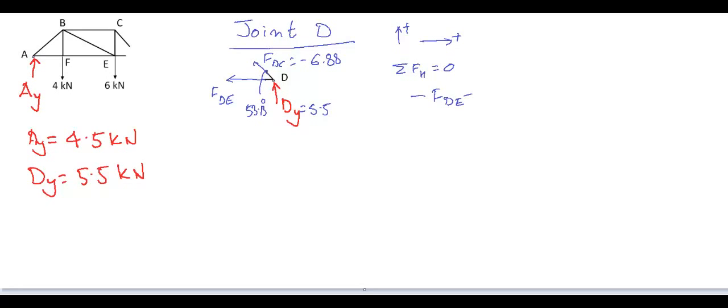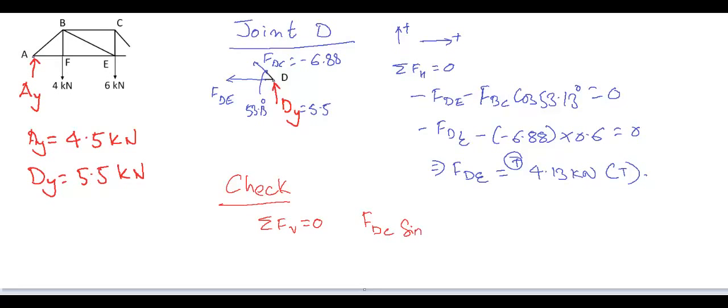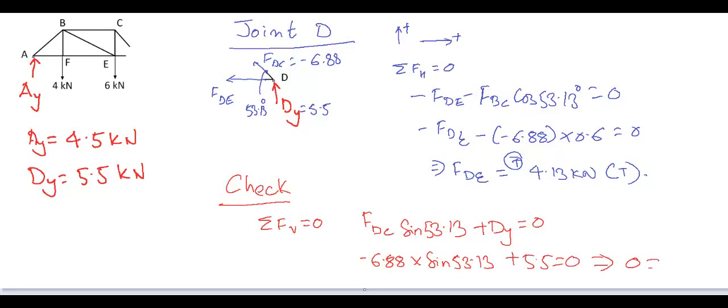Summation of Fx equals 0: minus FDE acting leftward minus FCD cos 53 acting leftward equals 0. Substituting the values, we get FDE equals 4.13 kN. Now let's check with summation of force in vertical direction equals 0. FCD sin 53 plus DY should be equal to 0, and this equation is satisfied.